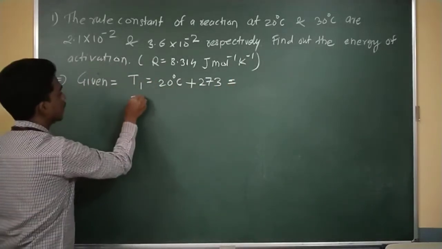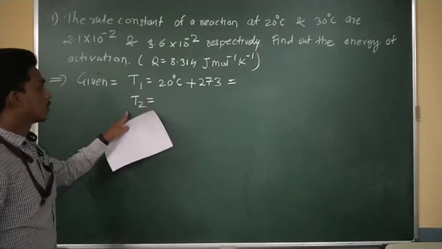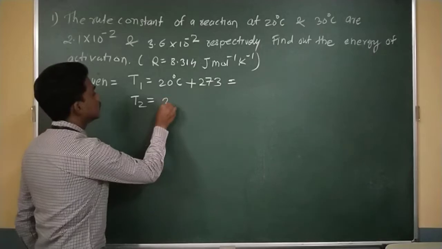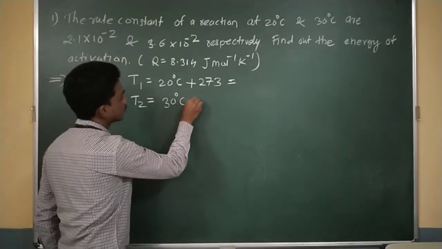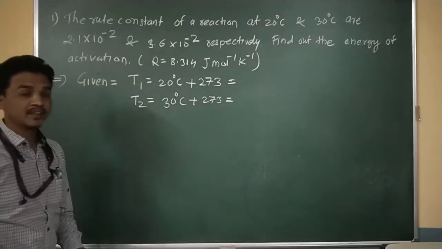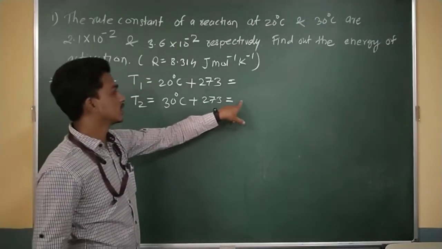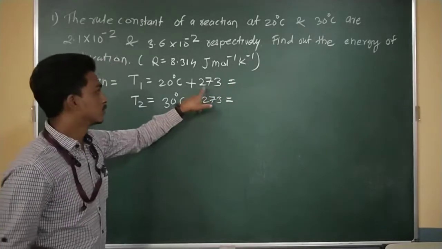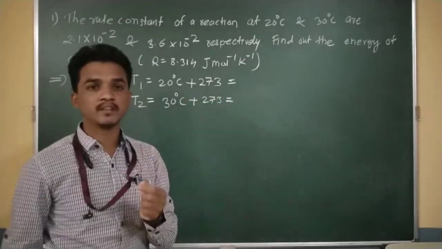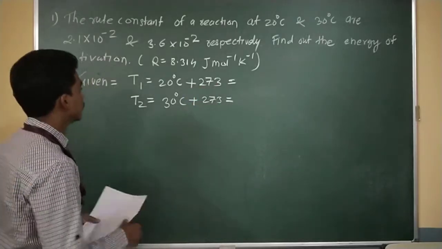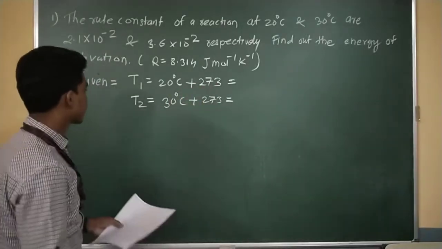After that, T2, I am considering T2 is 30 degrees Celsius, so I want to convert this into Kelvin by adding 273. Okay, so remember these things.